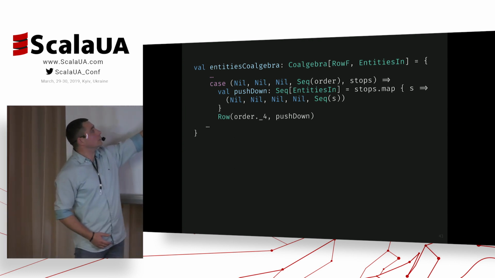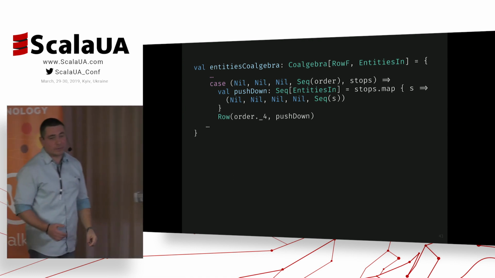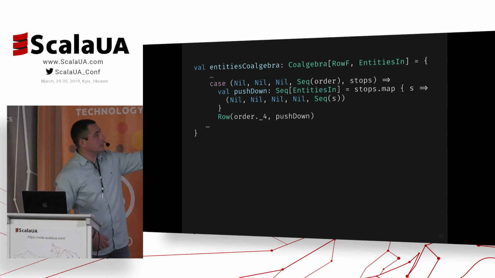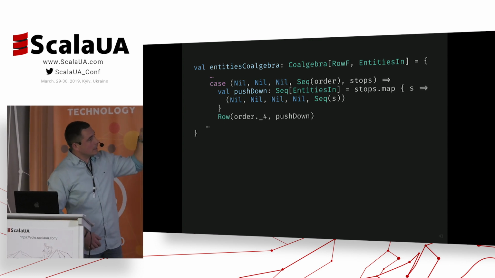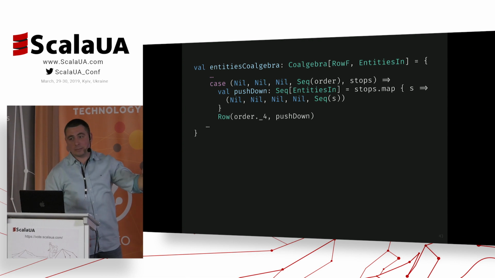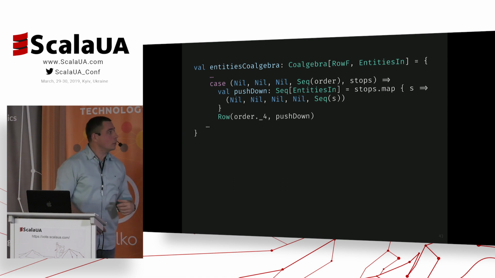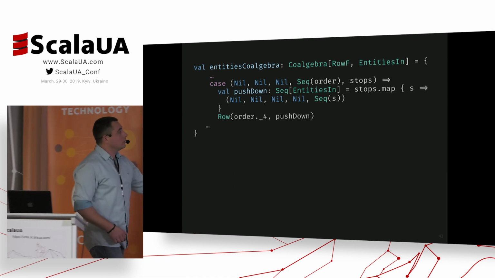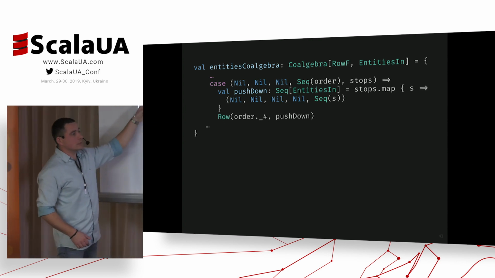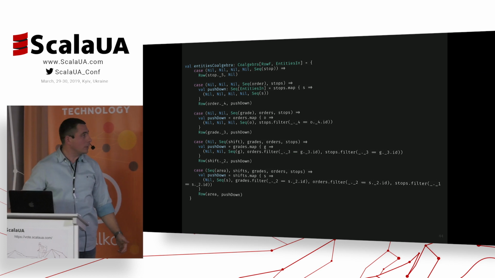It has children of type entities, and our recursion scheme takes care of taking these entities and converting them to the proper entity type recursively. That's the whole point. You're not doing recursion here because the care is taken by the recursion scheme.